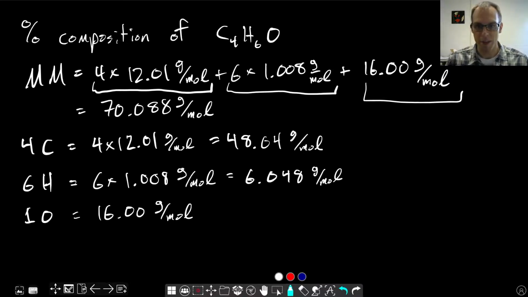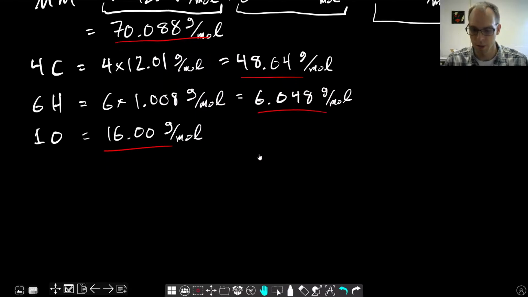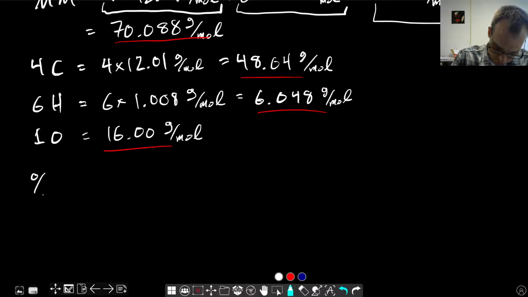So now to find the percent of each of these, we now need to take each of these values divided by our total molar mass. So let's just go ahead and do that real quick. So for carbon, our percent composition of carbon is equal to our 48.04 divided by 70.088.